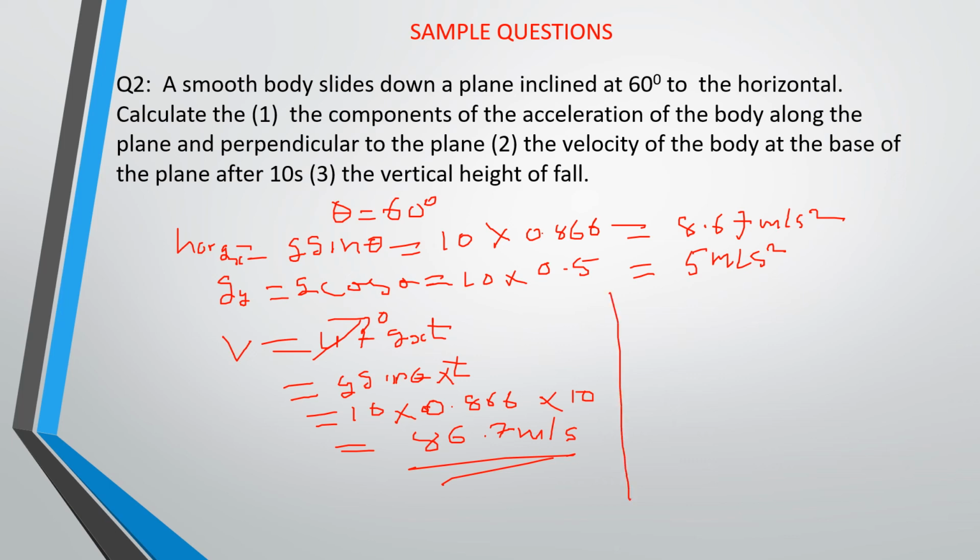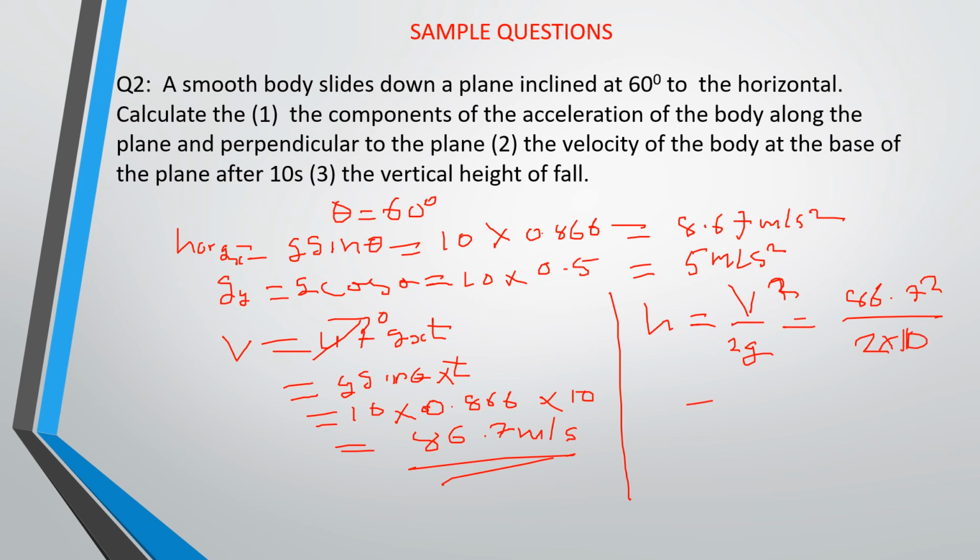Okay, so the vertical height, we said the vertical height h is equal to v squared all over 2g. So if you substitute into that, it will then be 86.7 squared all over 2 times 10.